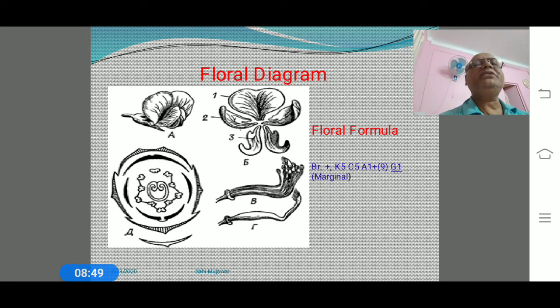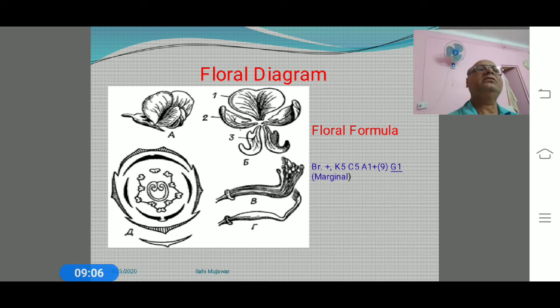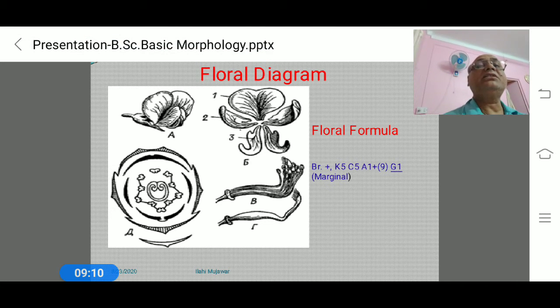That means the anteriormost 2 are united to form a boat-shaped structure, which encloses the stamens and the carpels, while 2 are the lateral petals. They are completely free, a polypetalous condition, and the posterior outer petal is called the standard petal, and this standard petal is the vexillum.